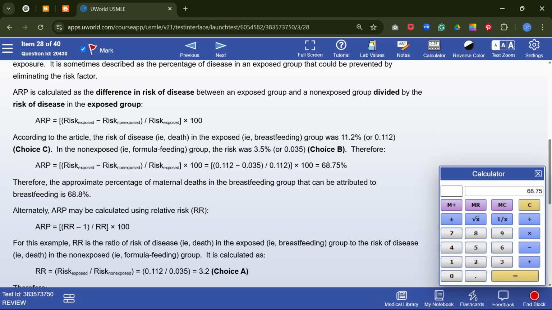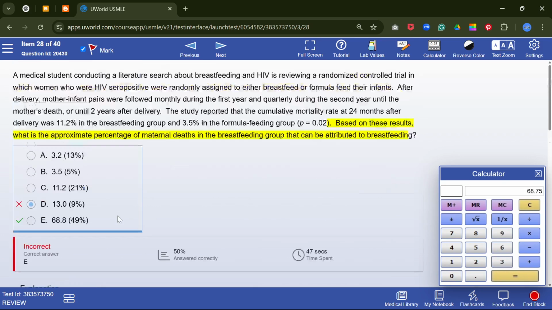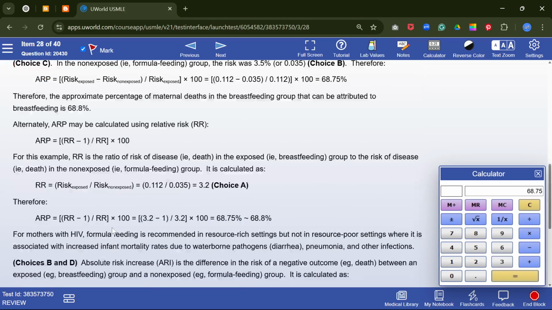Alternatively, this attributable risk percentage can be calculated by relative risk: relative risk minus 1 divided by relative risk into 100. The relative risk is risk exposed divided by risk unexposed, 0.112 over 0.035, equal to 3.2.